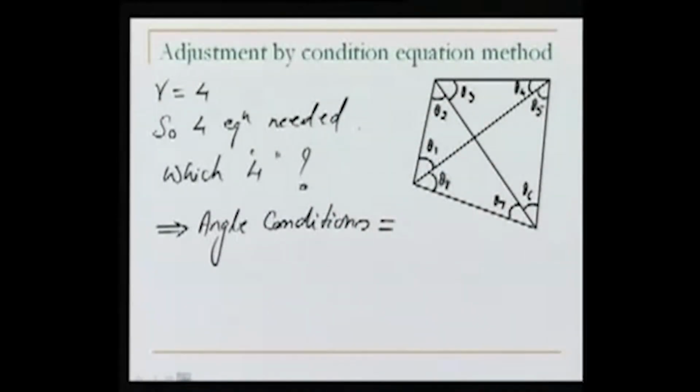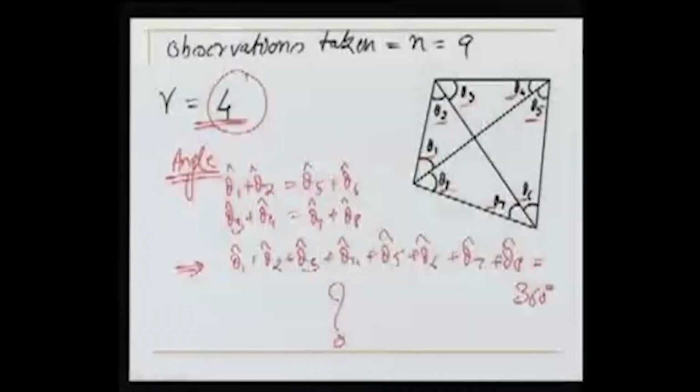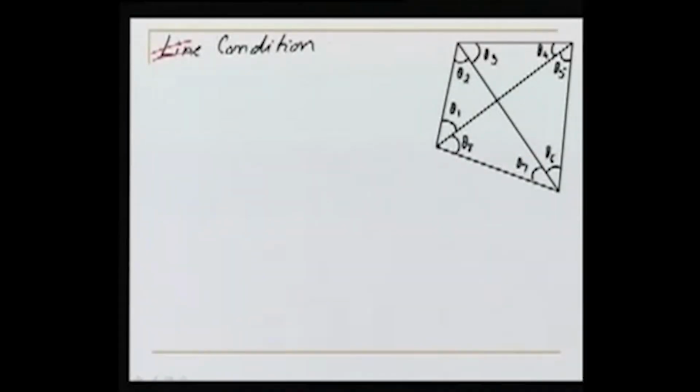So these 3 conditions which we say angle conditions, these are the angle conditions which we have just written here. Well, we need to write one more condition now, and that condition we say as side condition, not line condition, it is called side condition.